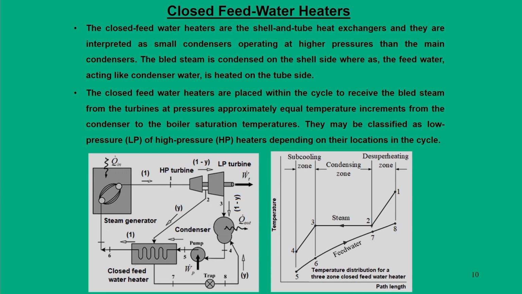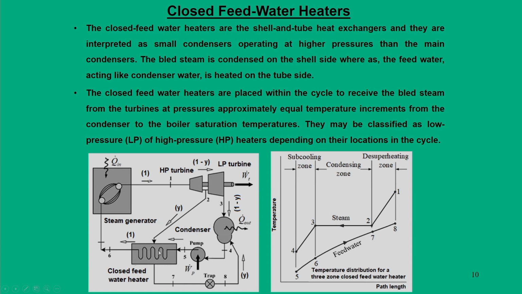We all know that these closed feed water heaters are nothing but heat exchangers, and they are a similar kind of shell and tube type heat exchangers. So, the shell is considered for steam which is tapped from the turbine, and the tube is considered for the water that enters from the pump end, and within this feed water heater there is an exchange of heat.